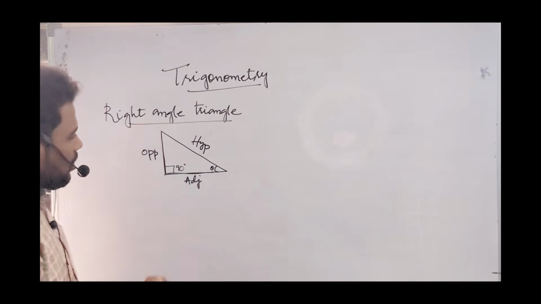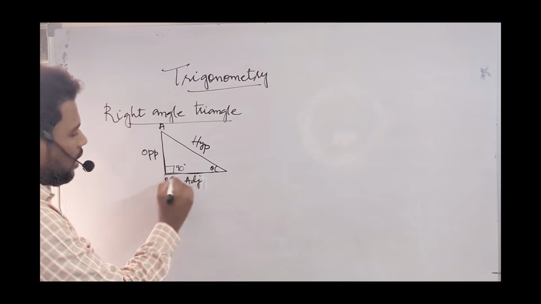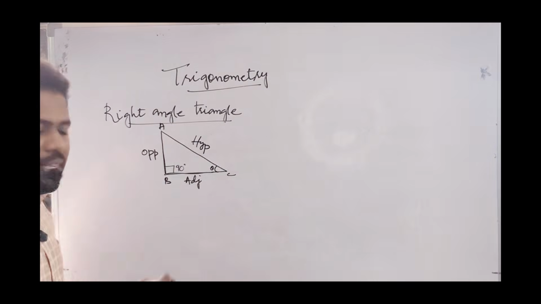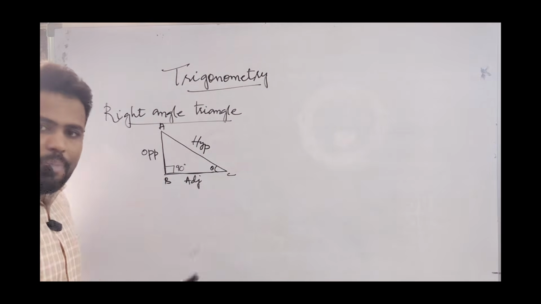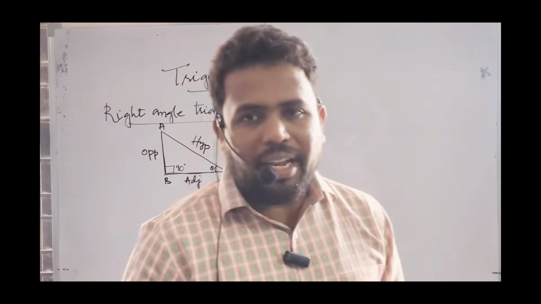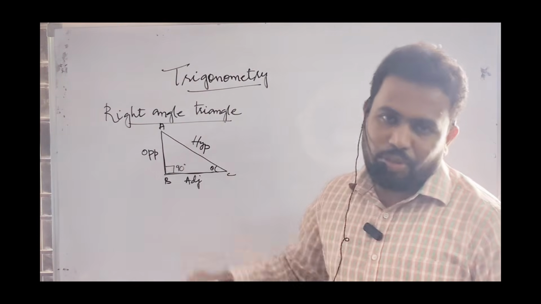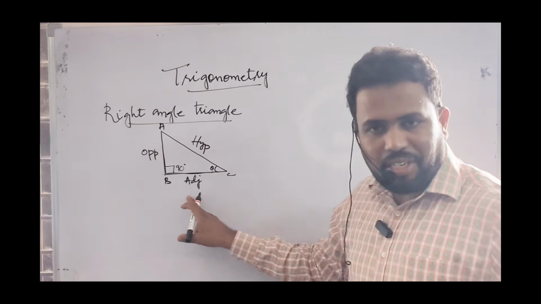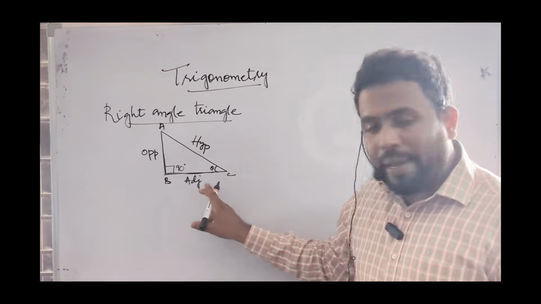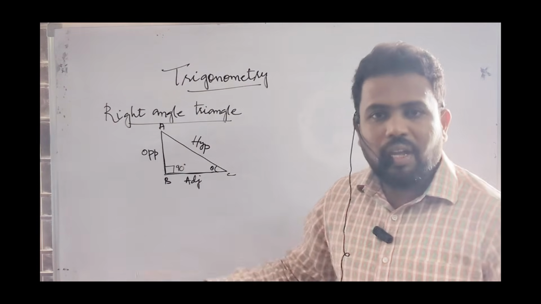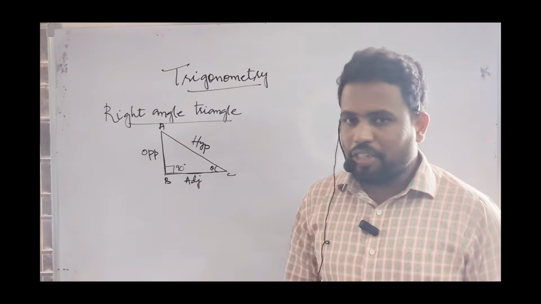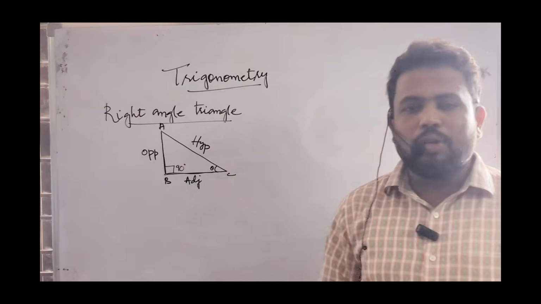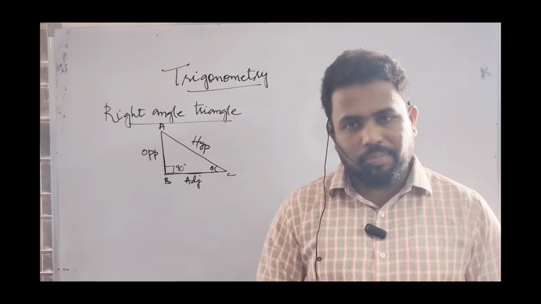I am naming them A, B, C. Let us repeat: the side opposite the 90 degree angle is called the hypotenuse, and it is the longest side among all 3 sides. Adjacent is also called the base, and opposite is also known as the altitude.